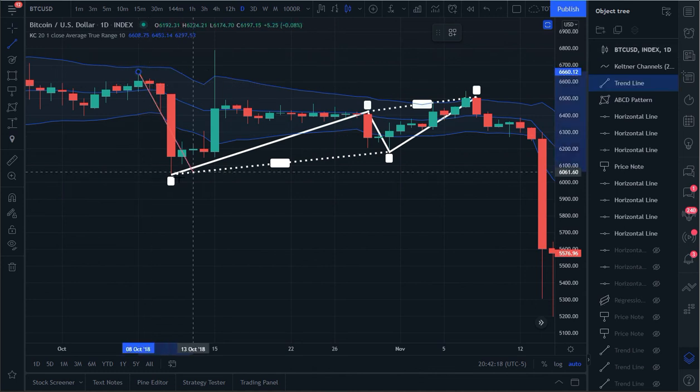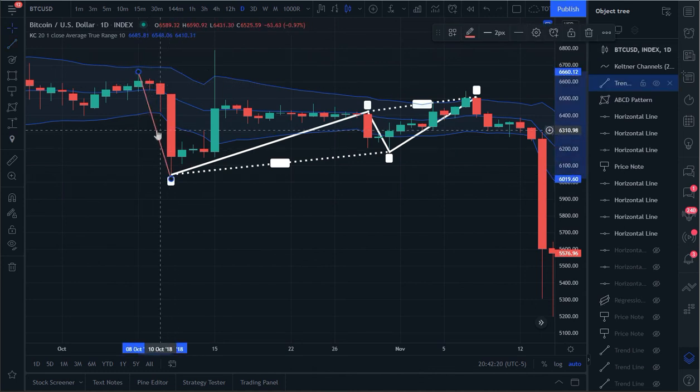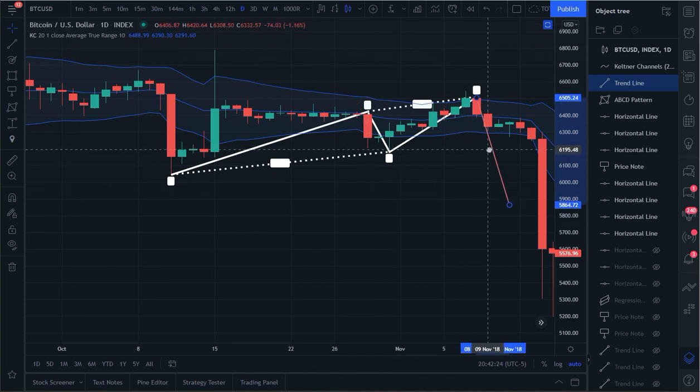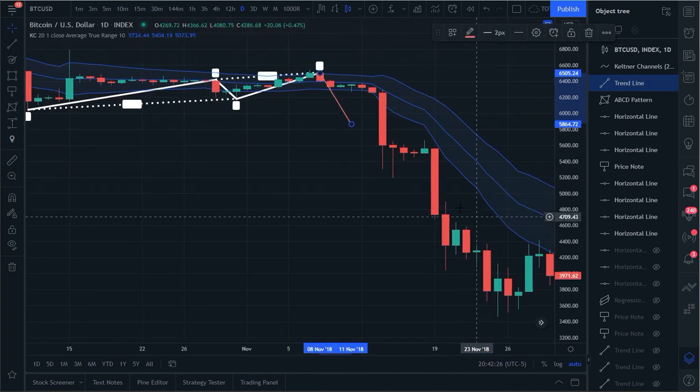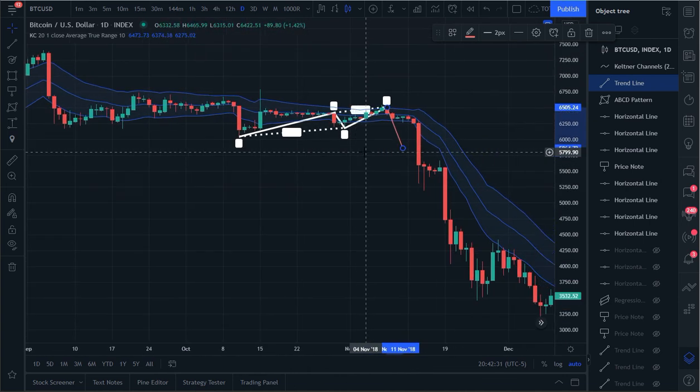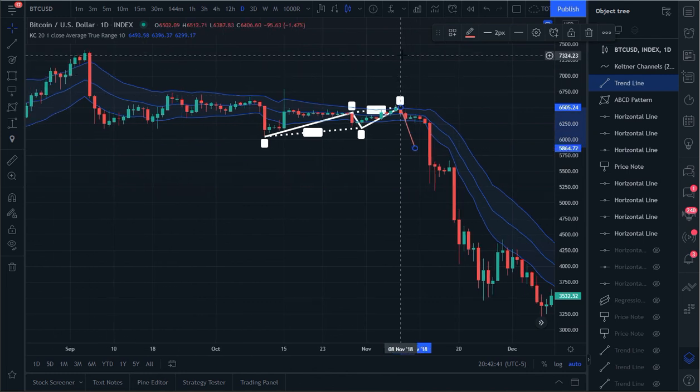So if I take this length, I know that from here I will have at least this price action. And it's not perfect, like everything. Maybe I should have started from here because it's a composed diamond and so on. But it's better to terminate here rather than to expect to go up here because it's a diamond.